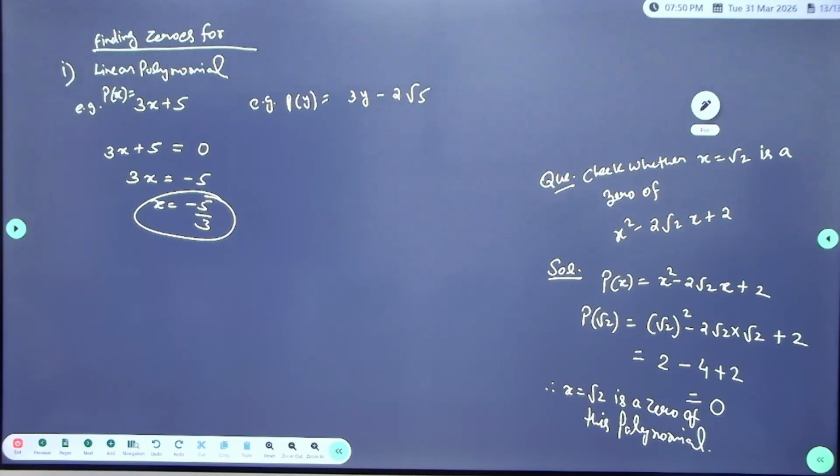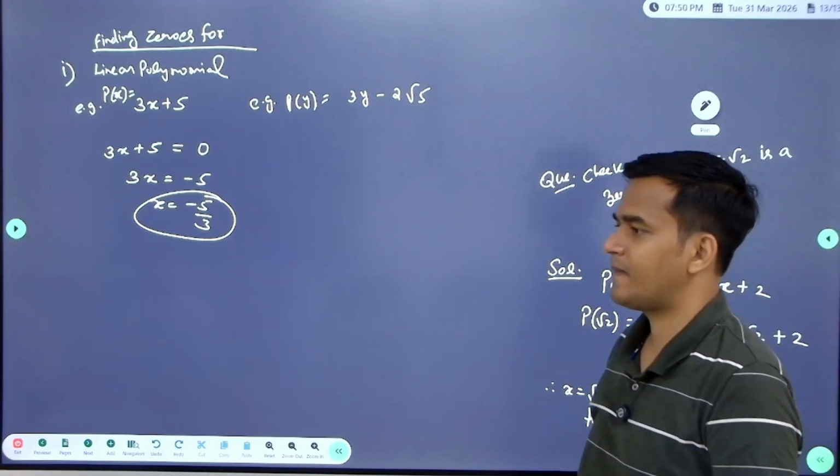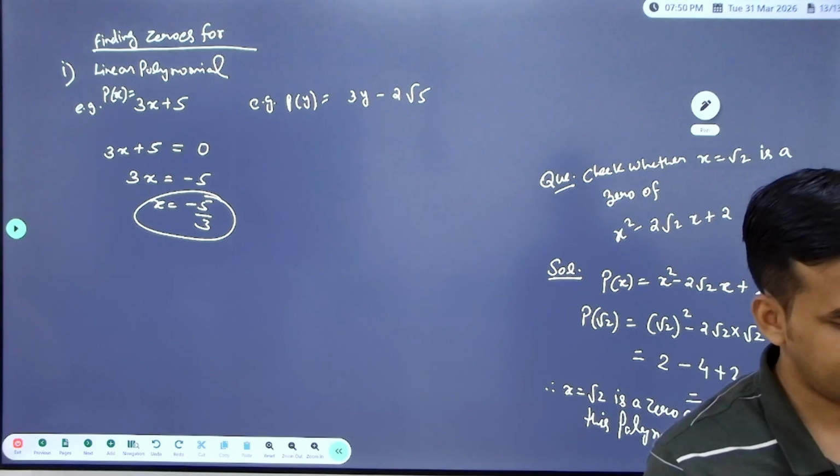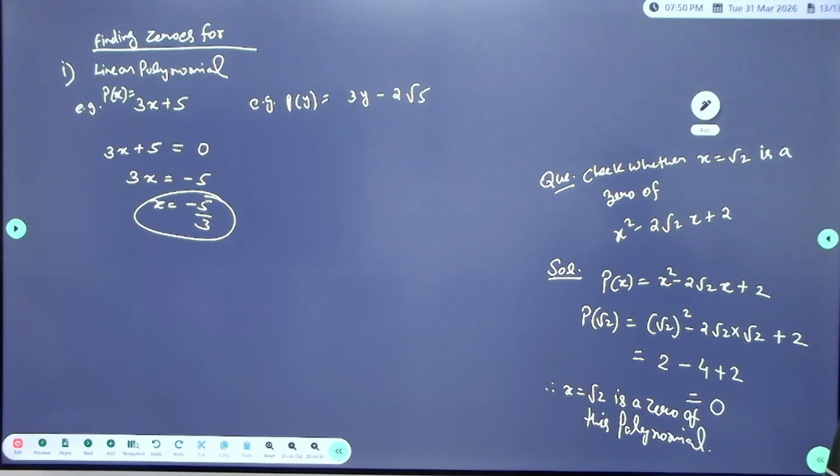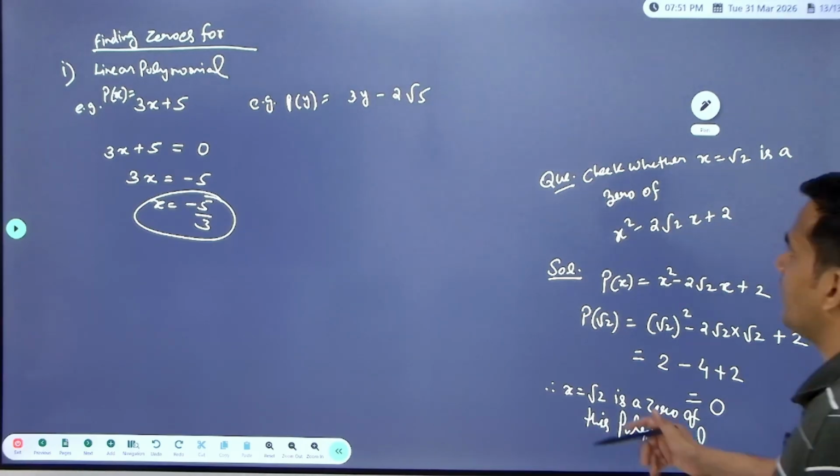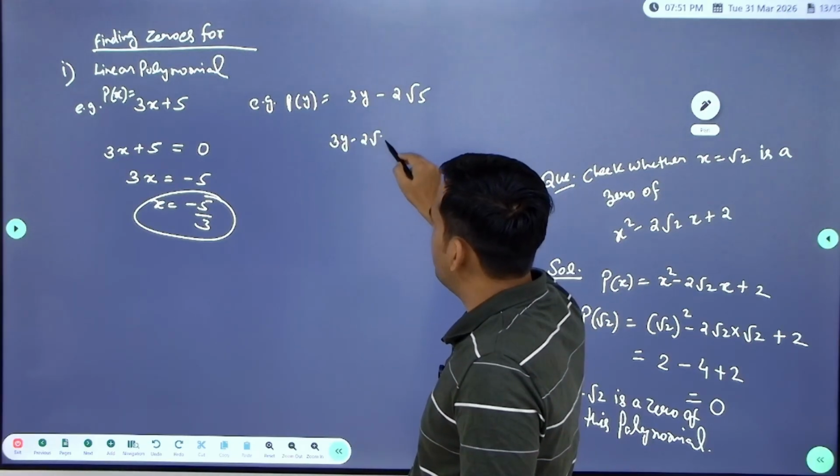So we'll find the value of y. 3y minus 2 root 5 equal to 0, so equate it equal to 0.